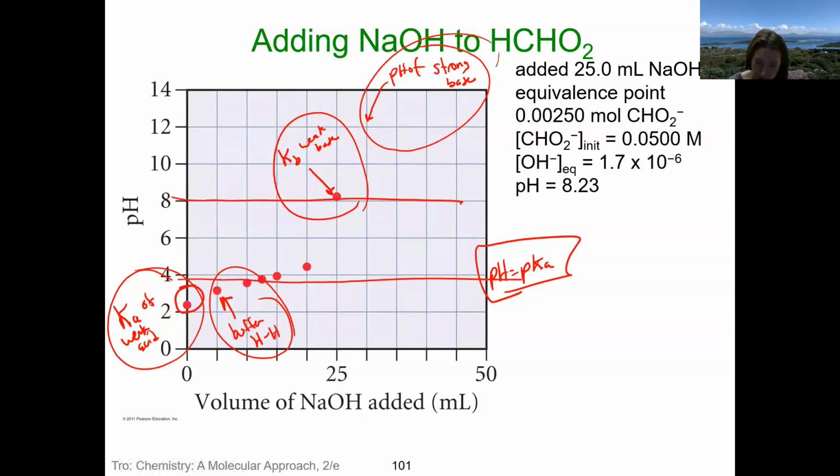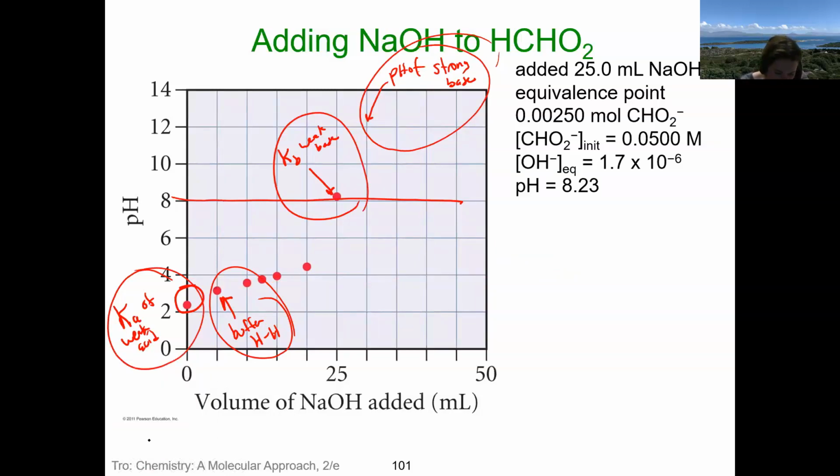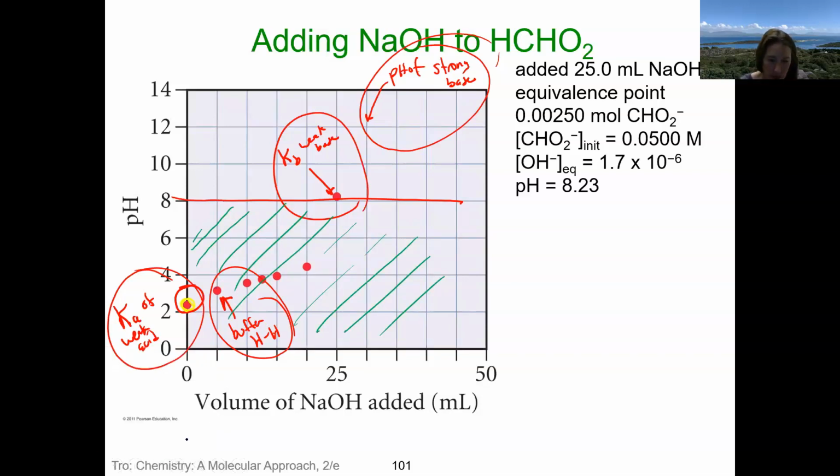So I'm going to just color these regions for you right now. Ka of a weak acid is right here. That one doesn't really get a lot of color. Buffer, when do you use buffer? Here's when you use a buffer. Here's when you do Kb of your weak base.